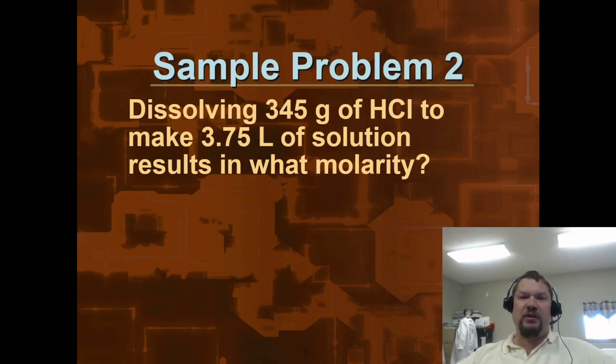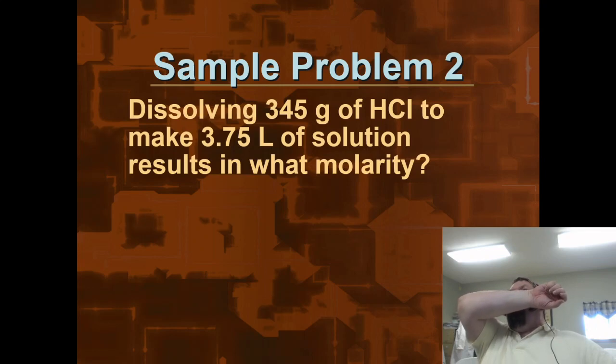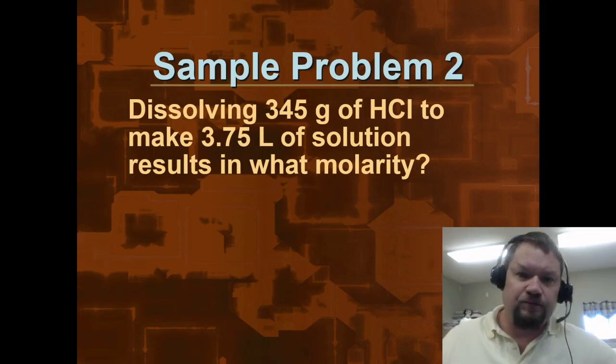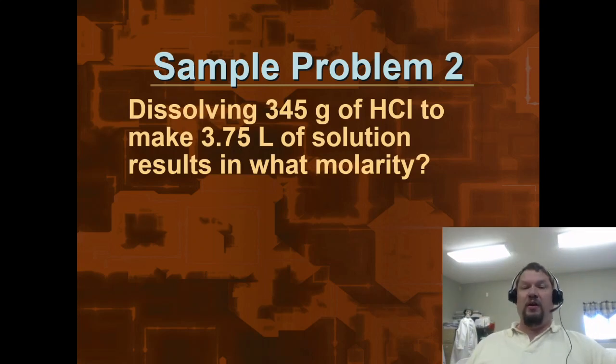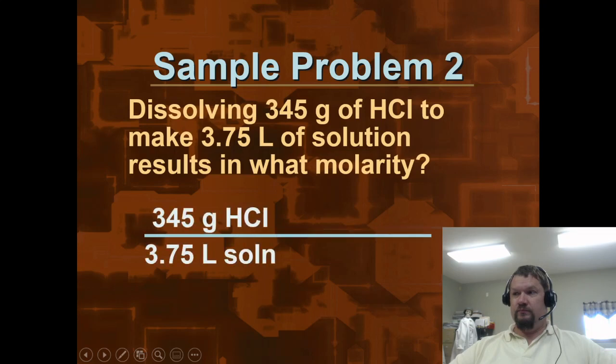We've got it in grams. So we're going to have to convert 345 grams of hydrochloric acid to moles of hydrochloric acid, because right now we only have it in grams. 345 grams of hydrochloric acid, or 3.75 liters of solution.